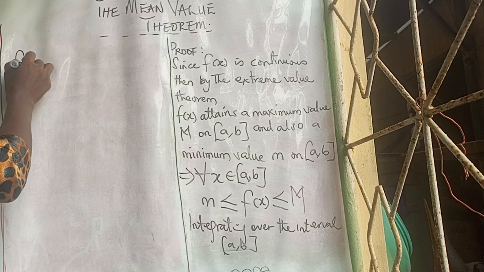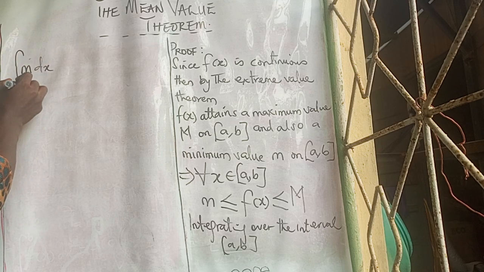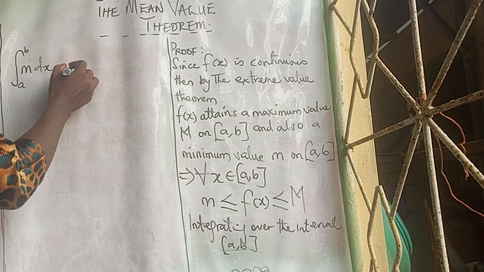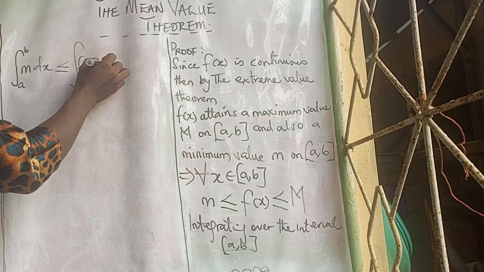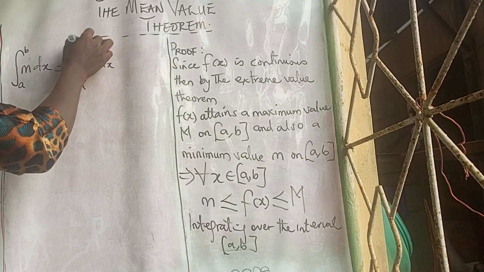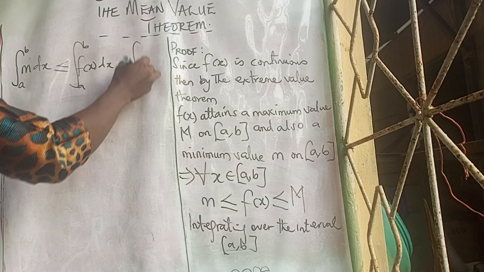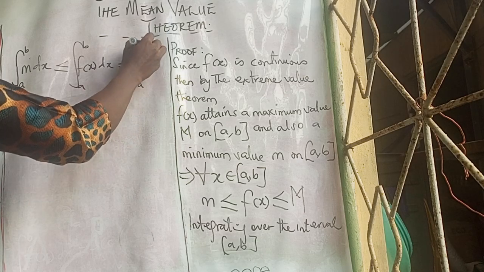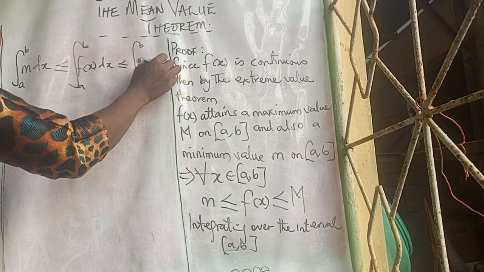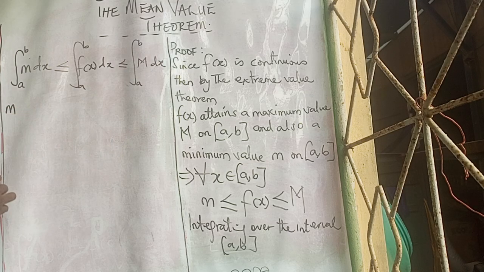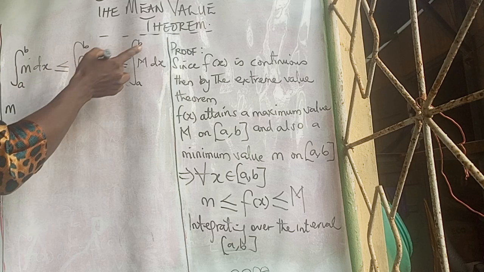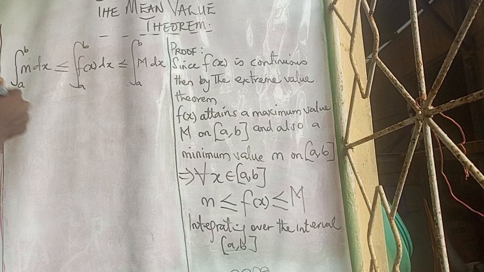Integrating over the interval [a, b], we have the integral of small m dx from a to b less than or equal to the integral of f of x dx from a to b, and that is less than or equal to the integral of capital M dx. Remember the properties of the definite integral.